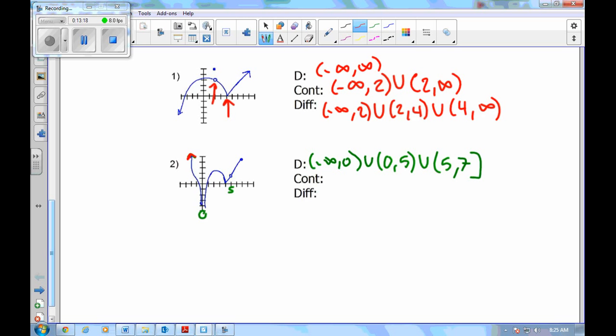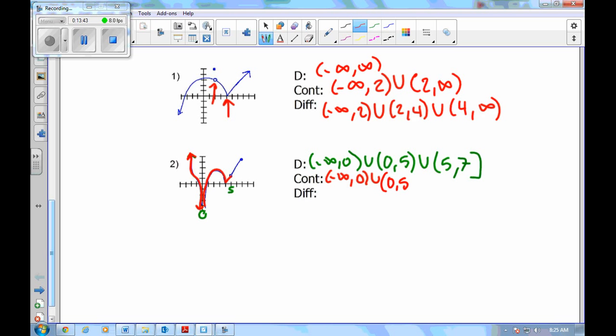Okay, explain using limits. So I'm continuous until x equals 0. To get to the rest of the graph, I have to pick up my pencil at x equals 0. And then I continue on until x equals 5.